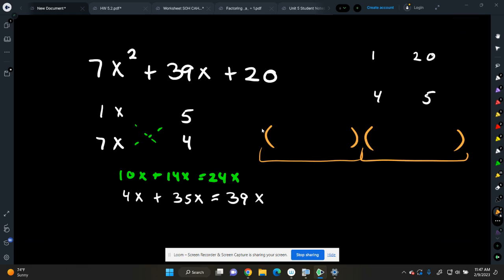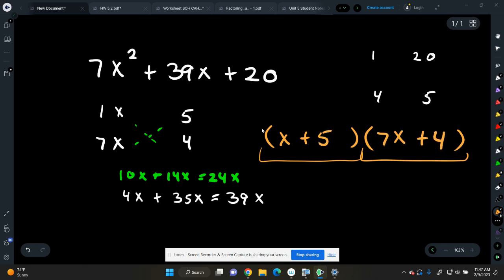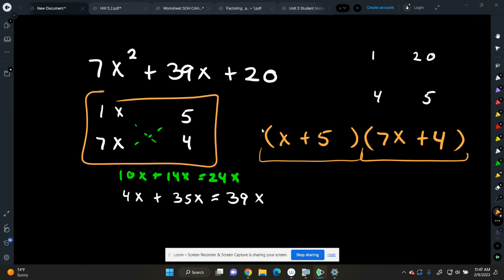Austin? 1x plus 5, 7x plus 4. There you go. Good. Okay. Those are called my factors. This is just the work that I'm doing to figure out the correct factors. You have to put it in this form to be factored. Okay? Okay, we're going to try another one.